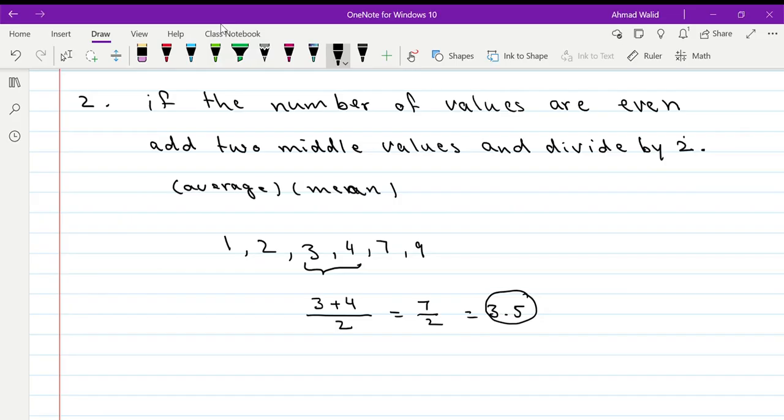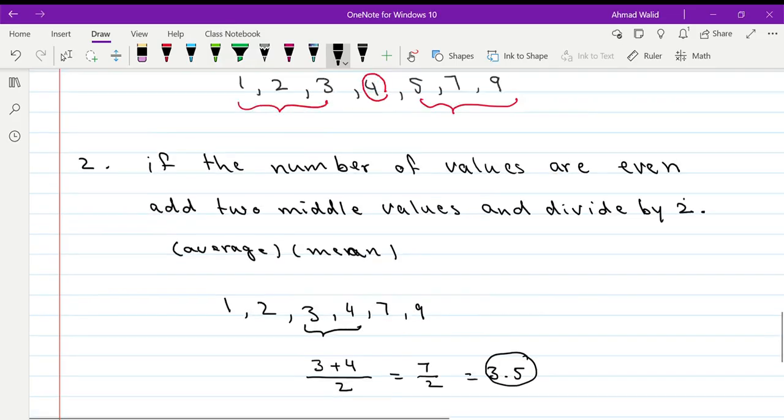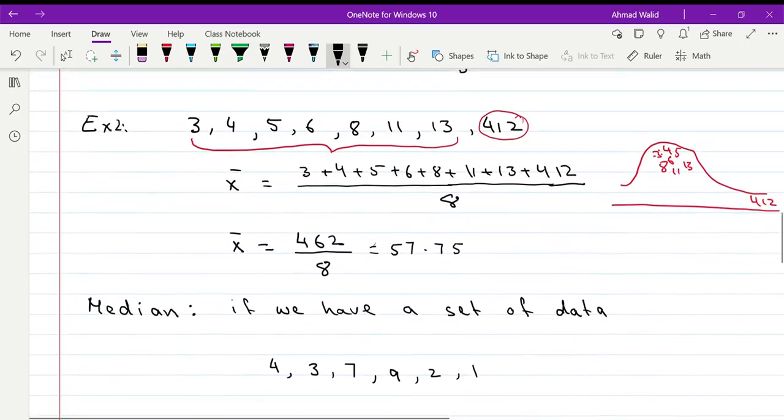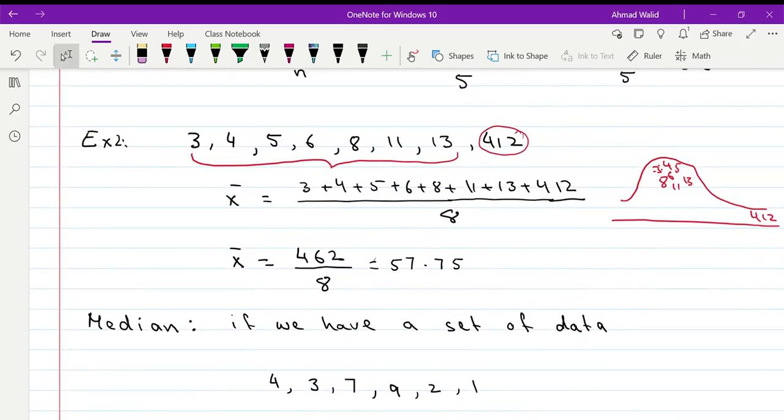Correct? Now, let's rewrite the example that I did earlier with 412. I will copy it again.